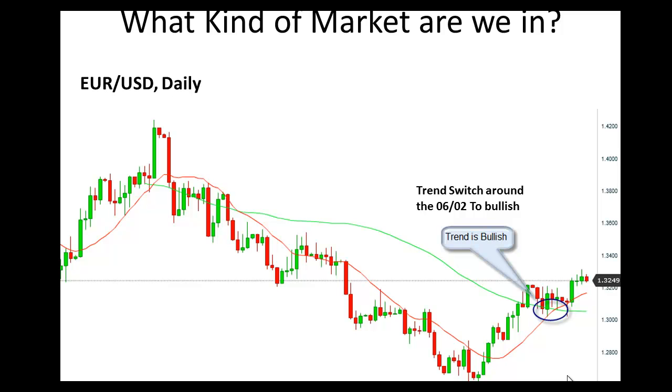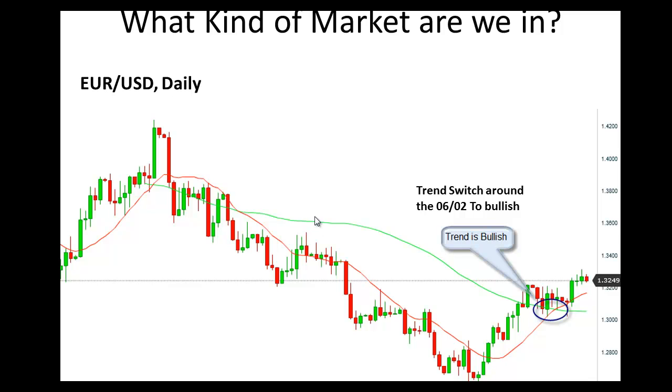We see in the red line the 14-day moving average, and on the green line the 60-day moving average. This is a classic tool used by many market experts to anticipate whether the trend is up, down, bullish, bearish, or of course range.